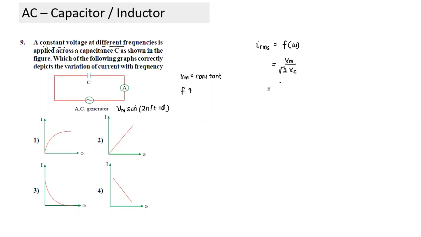What is XC equal to? 1 by omega C. And omega is equal to 2 pi f. So what I find is IRMS is equal to some constant into frequency. So how will the current vary? This is how the current will vary. This is a variation of the previous question.